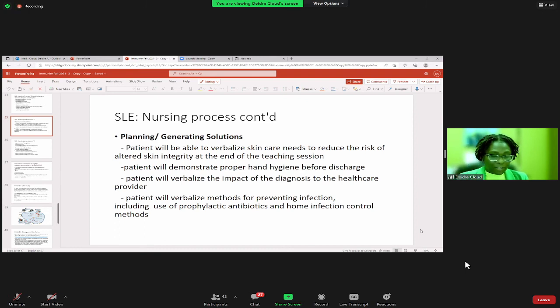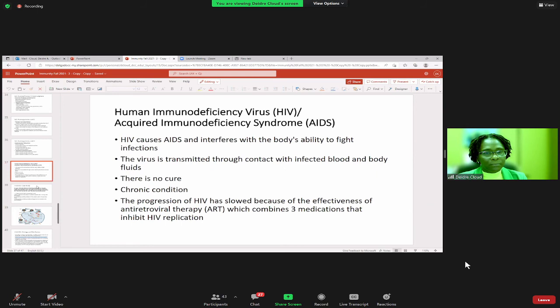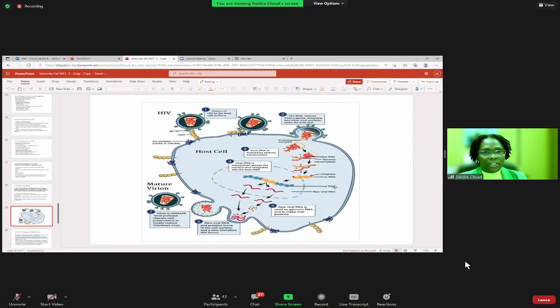All right. It's a virus that carries genetic info in the RNA and can be transmitted by direct contact. So this is a little diagram of how the HIV virus replicates and reacts in your system.